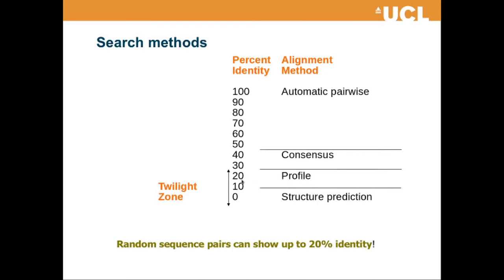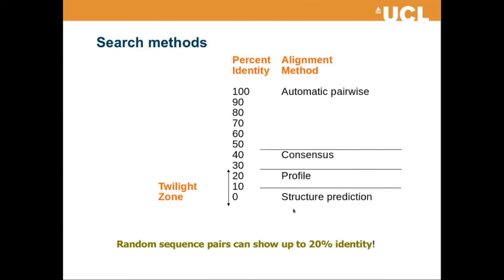And as I mentioned earlier, we can have examples where sequences which are clearly not homologues can have 15 or 20% sequence identity, whereas things that are homologues can have 10% sequence identity or less.